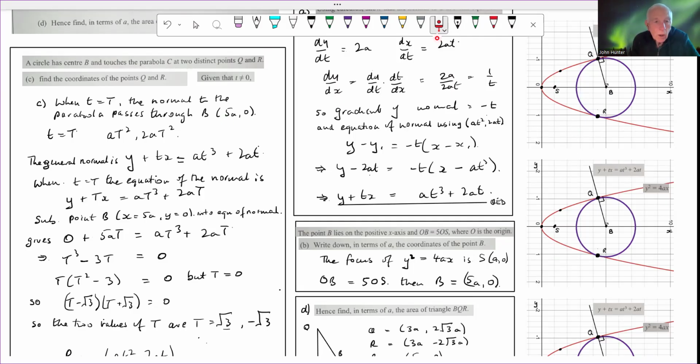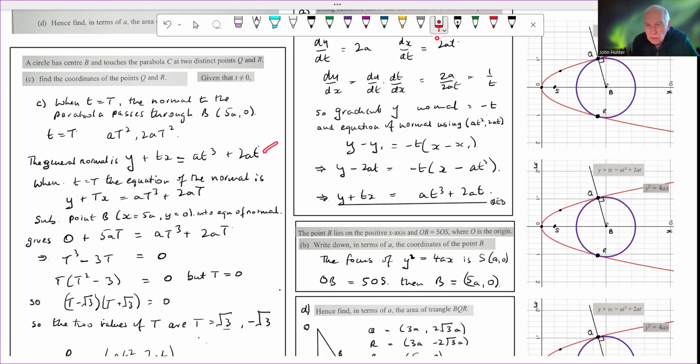Okay, and at that point there, the coordinates of this point here are found by instantiating t, t is the exact value. So these are the coordinates for this point Q. Right, so the equation of the normal is this.